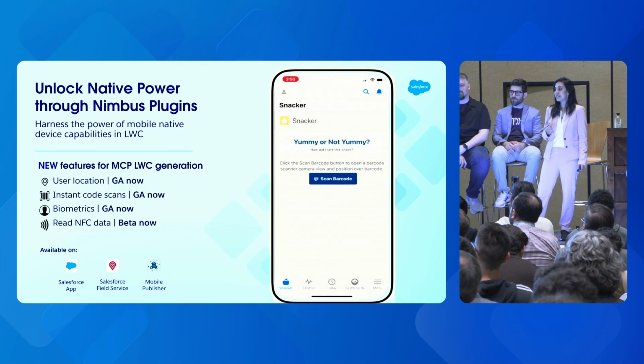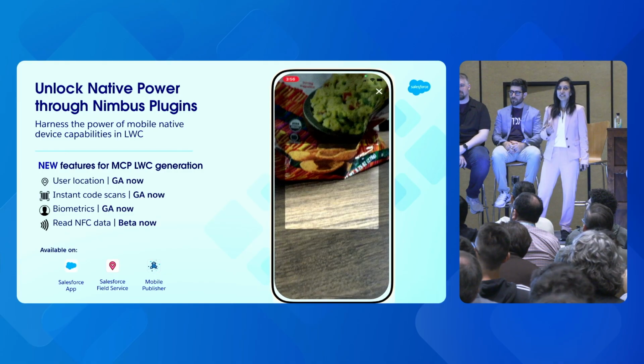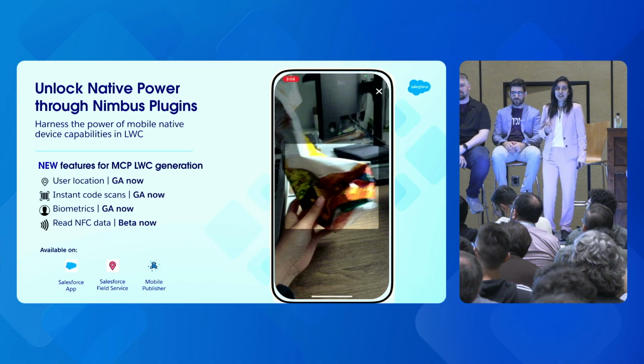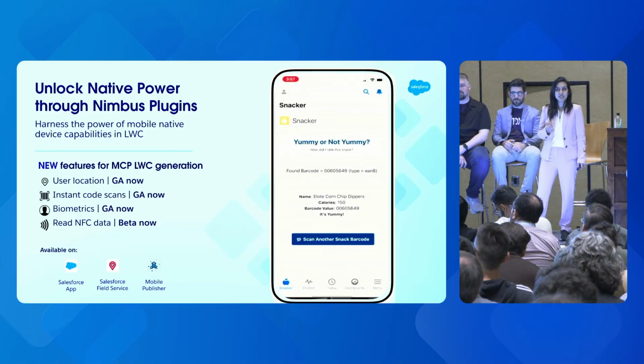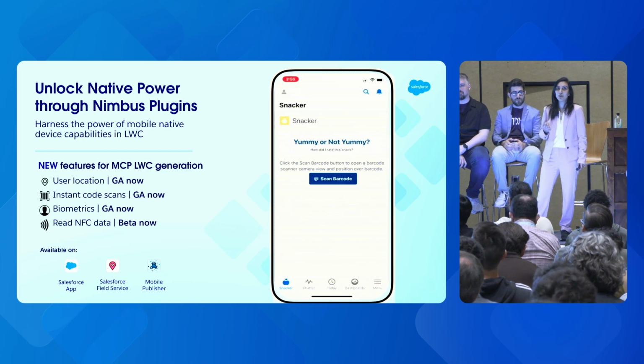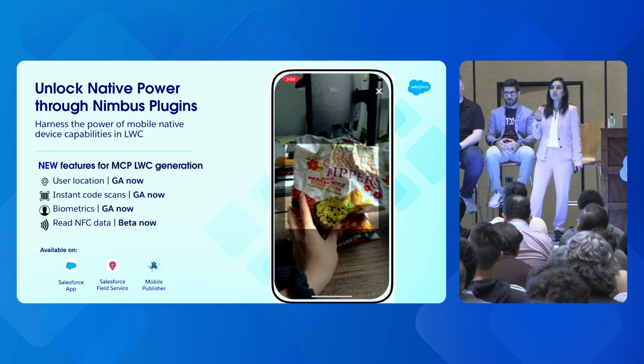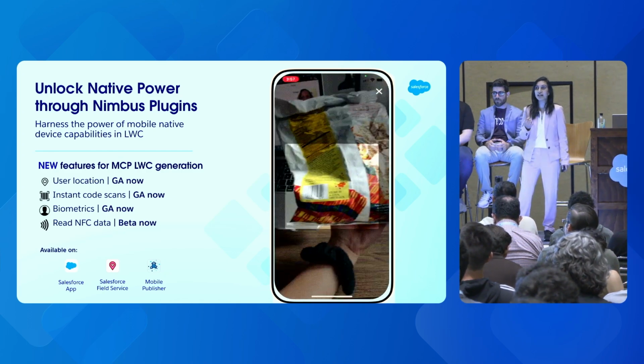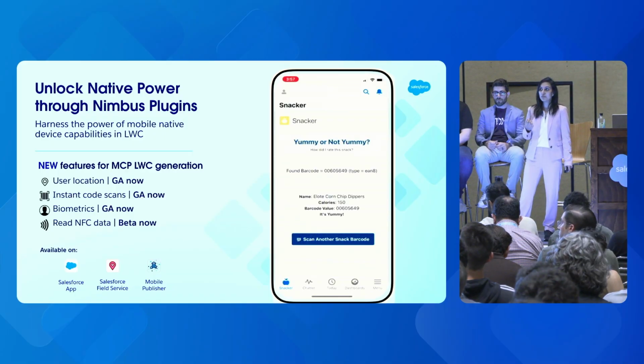Yes, you heard it right. That is possible today with Agentforce Vibes. Our most popular Nimbus plugins, which is barcode scanner and user location and biometrics, all three of them are already GA. You can go ahead, use them with Agentforce Vibes, and build mobile LWCs with native capabilities.